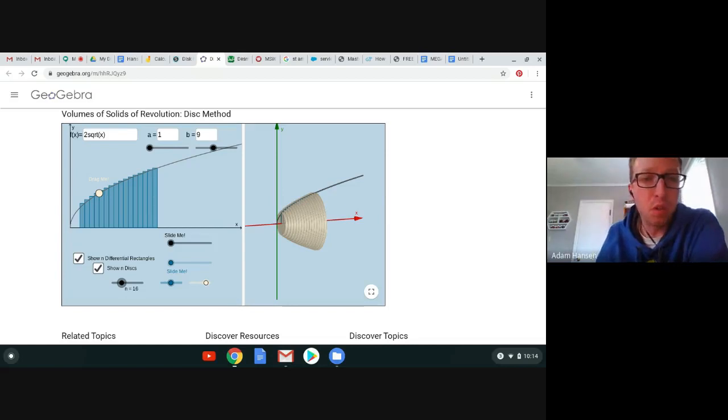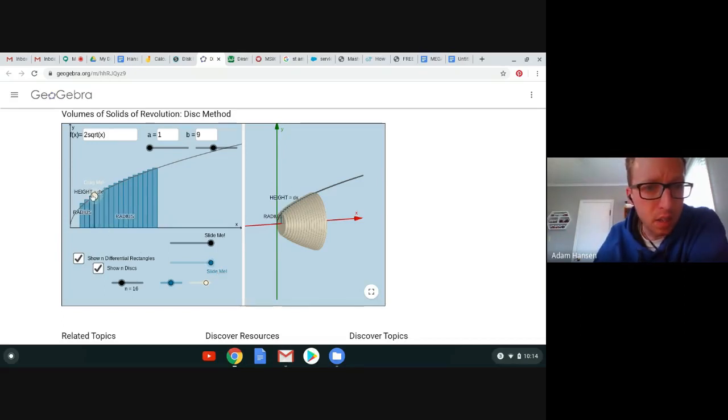Through our definite integral, we're going to find the volume of each of these disks and add them all together. I rotate my figure around the x-axis. As you can see over on the right, kind of creates that almost cup-shaped thing.